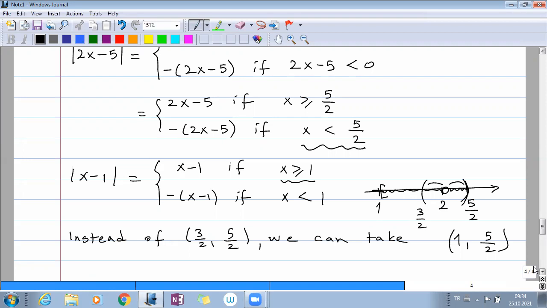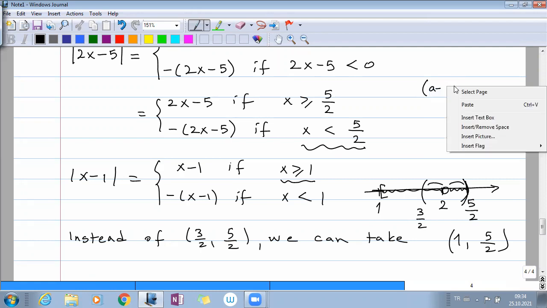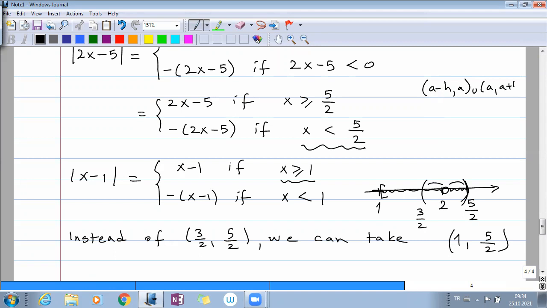This is what we are doing, really. Remember I defined the interval a minus h, a plus h. This is what we are doing, taking the value of x near a, and this number h here can be a very small number.